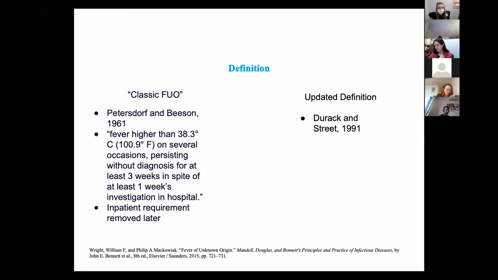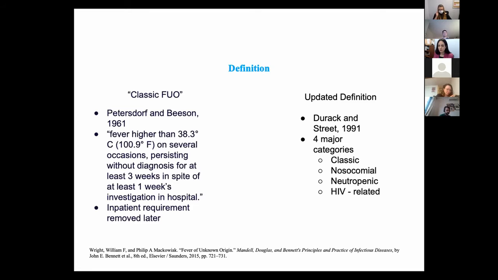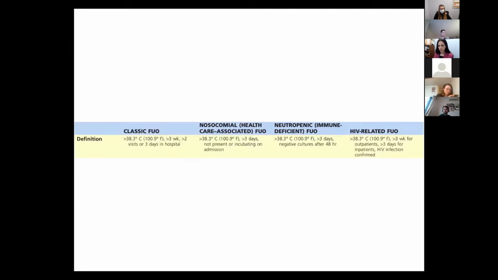More updated definitions from Durack and Street in the 90s divided it into 4 major categories based on patient characteristics. So there's the classic, nosocomial, neutropenic, and HIV related. So classic was similar to the original definition.